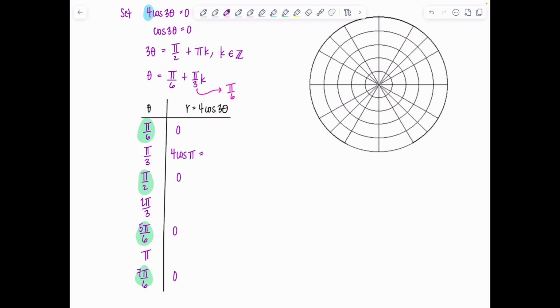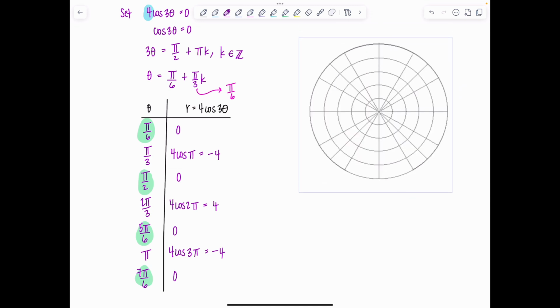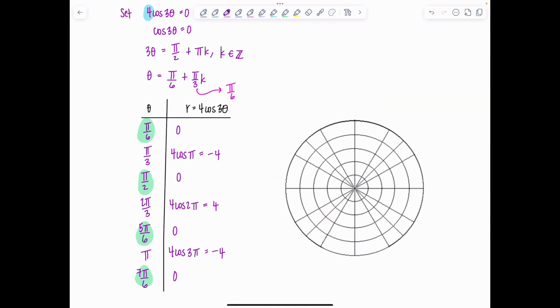Cosine of pi is -1, so this is -4. And then 2 pi over 3, that's going to be 4 times cosine 2 pi. So 4 times 1, positive 4. And then this is 4 times cosine 3 pi, -4. Very good.